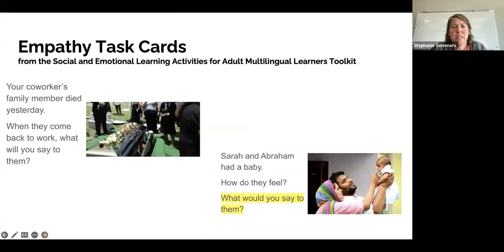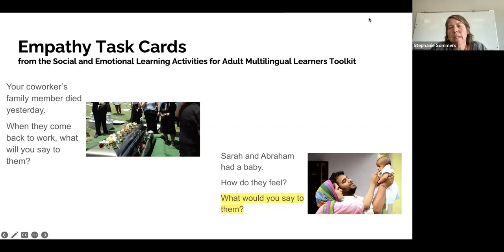These activities, these empathy task cards, come from that toolkit that I referenced at the very beginning of the webinar. This is Social and Emotional Learning Activities for Adult Multilingual Learners. This toolkit, again, was developed by people in Virginia. I wrote a newsletter article about it.